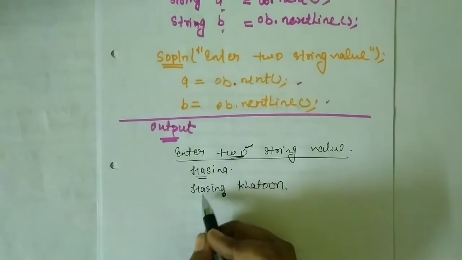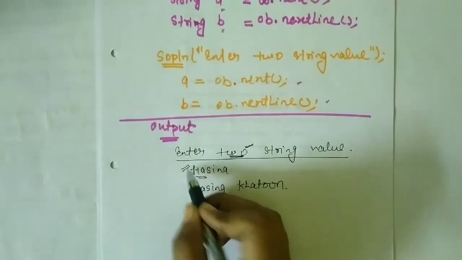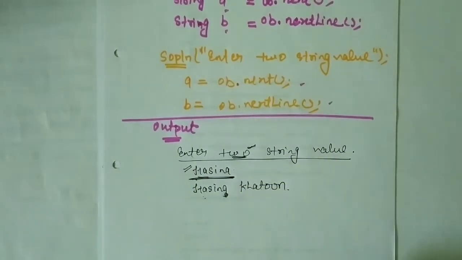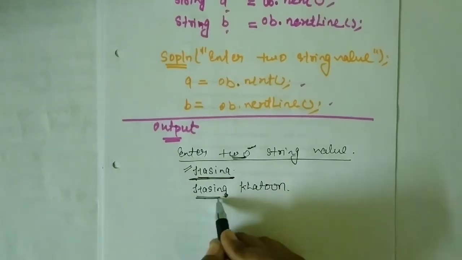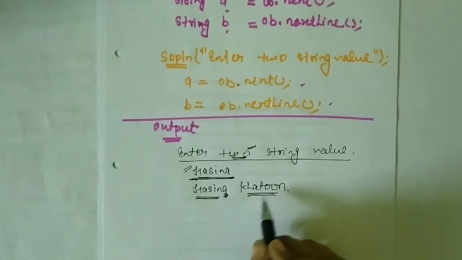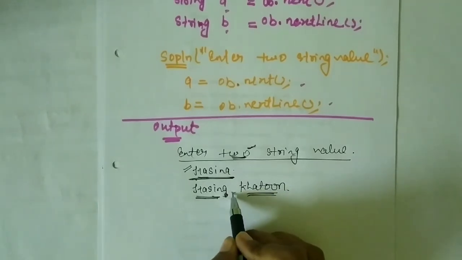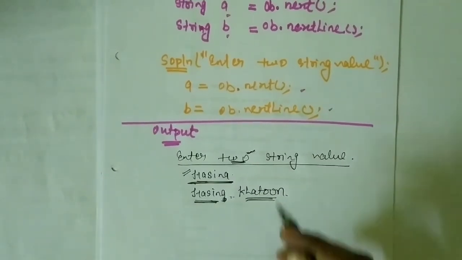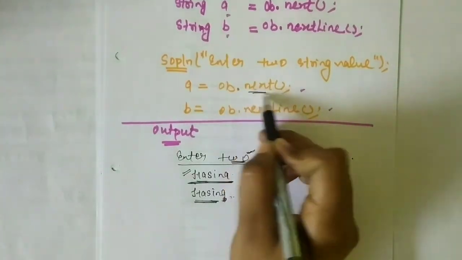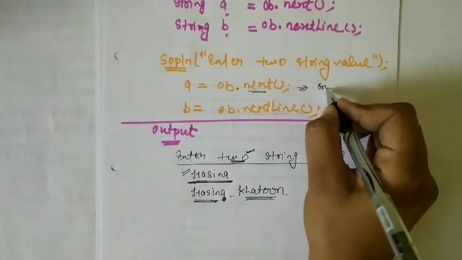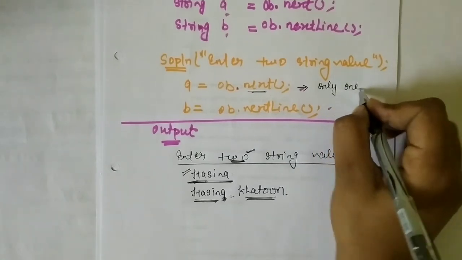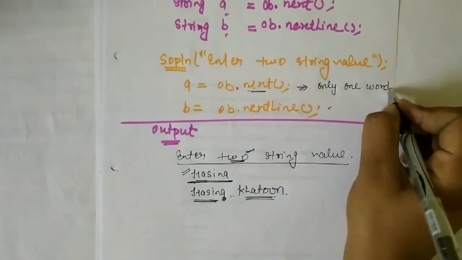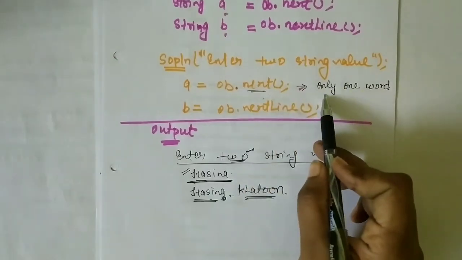So what is the difference between the two values? In the first there is only one string, only one word, a set of characters. And in the second there are two words, with a space. So that is the difference between next and nextLine. Next accepts only one word.